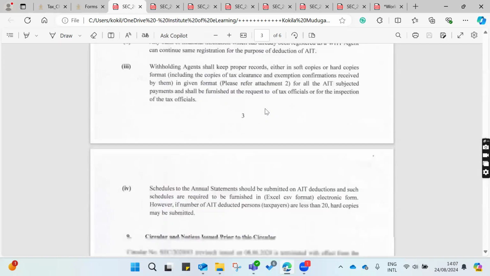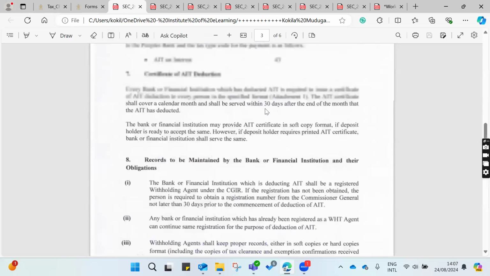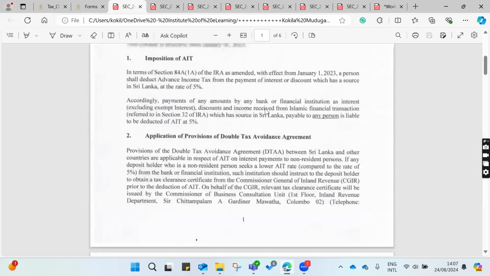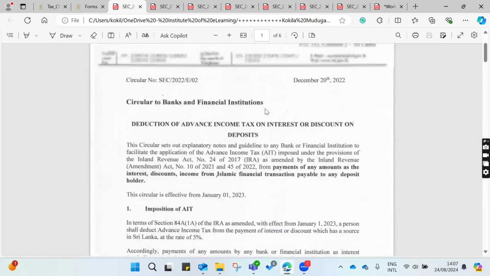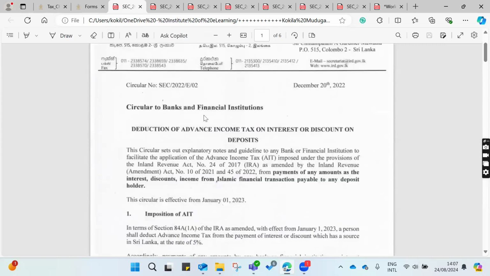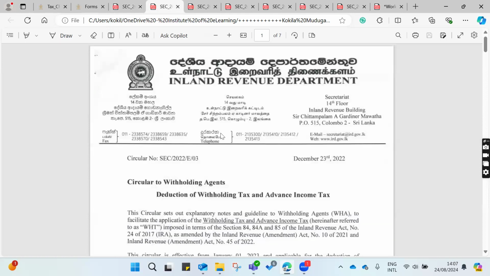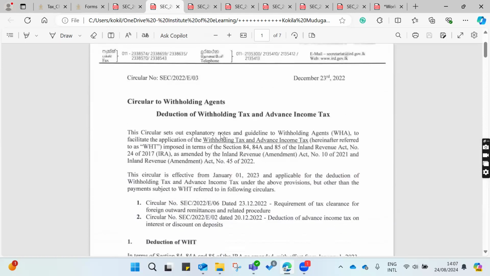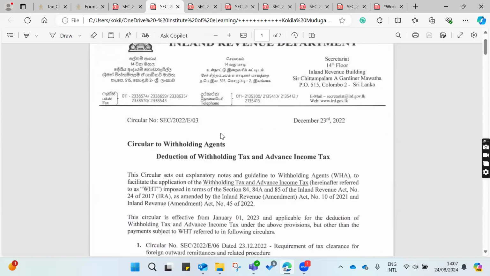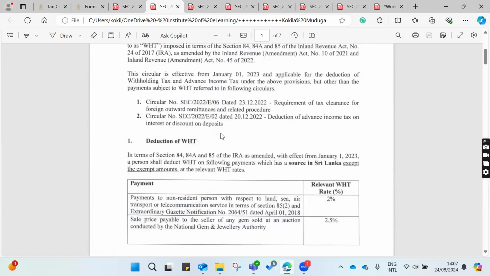You can have a look at this circular as well. I will provide a link to these circulars which are applicable for interest income and advance income tax on interest. And another important circular highlights everything on other withholding tax as well.